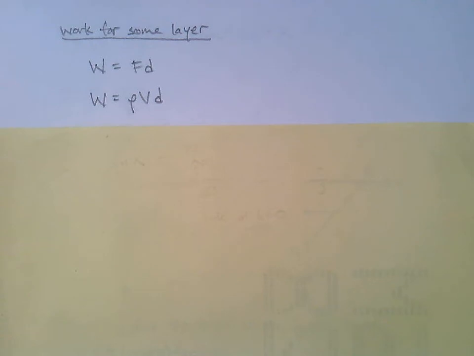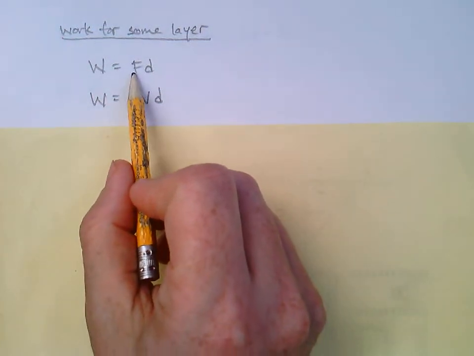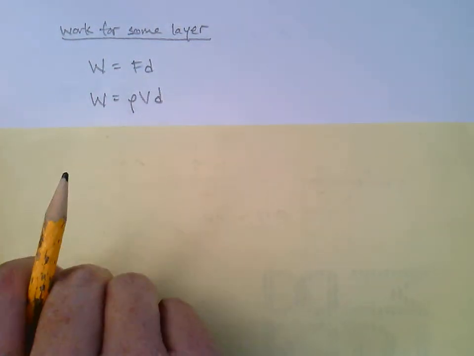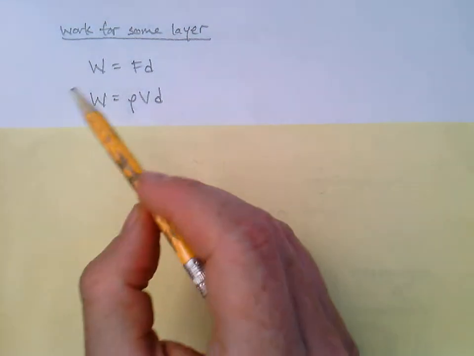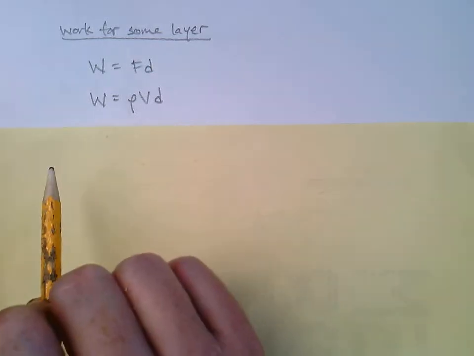or the standard units. So the work for some layer, well, work equals force times distance. And we prefer to think of it as force times distance because pounds are already a force. They already have acceleration embedded in the number. So what we're going to do is think, okay, well then force, we don't have to worry about acceleration.